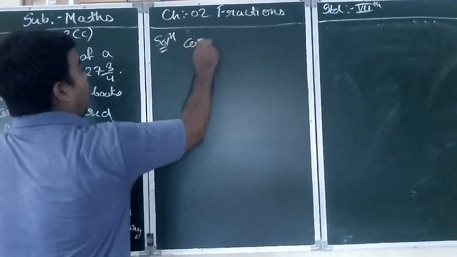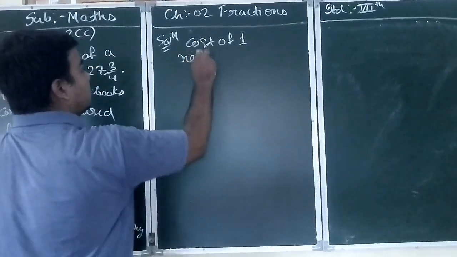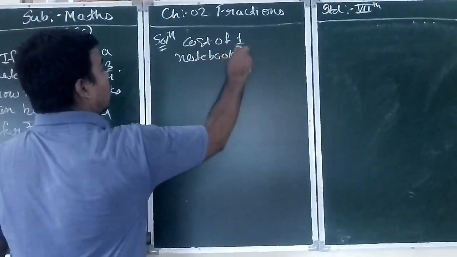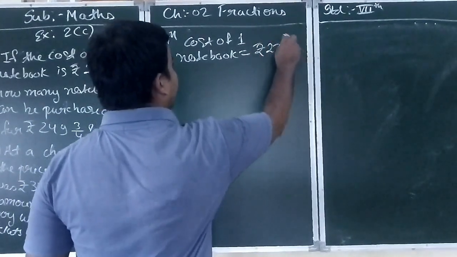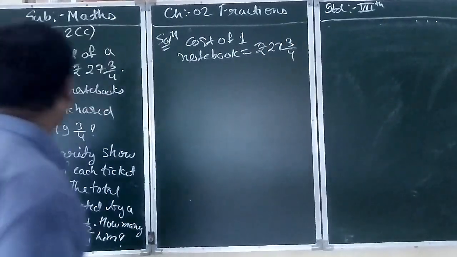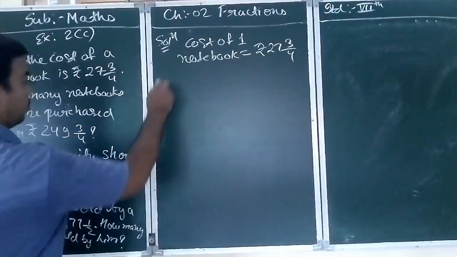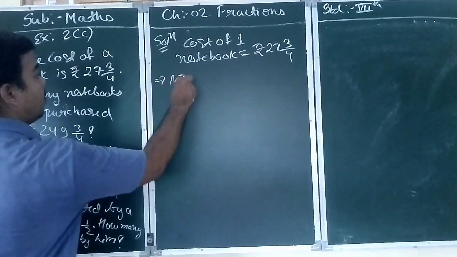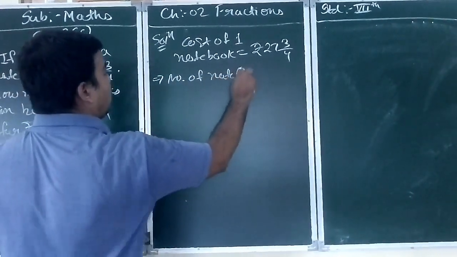So first of all, cost of one notebook is equal to rupees 27 3 by 4. How many notebooks can be purchased for rupees 249 3 by 4?